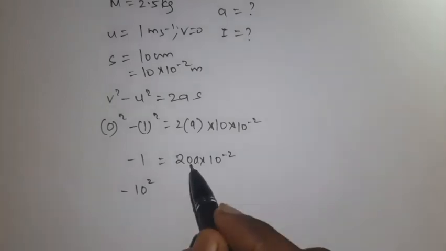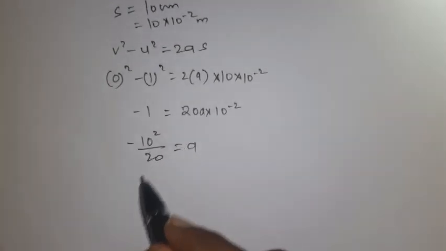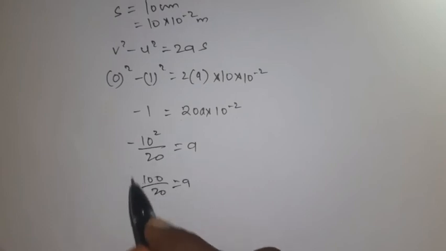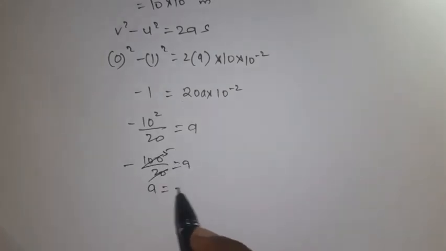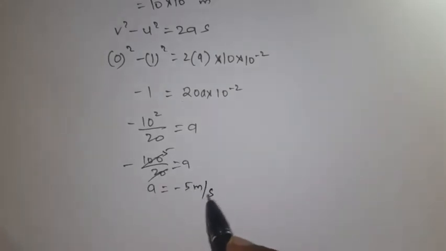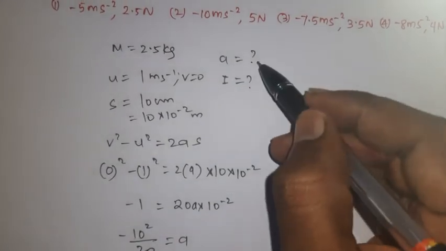Here minus, there. This 20 will come to the denominator, equal to a. 100 by 20 is equal to a. Here minus there. If we cancel, I'll get 5. So a is equal to -5 m/s². This is acceleration. So we found the value for acceleration.